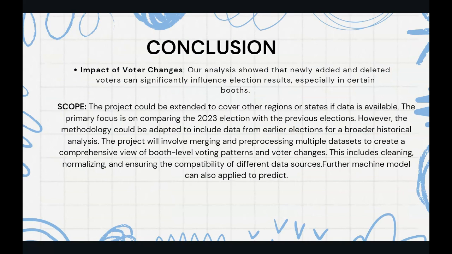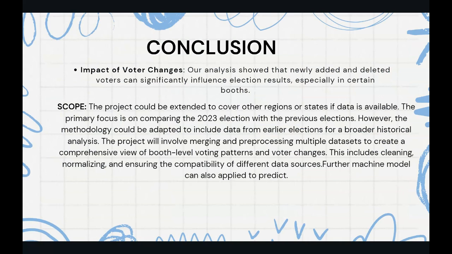Now the scope for this. This project could be extended to cover other regions and parts of the country, and also other countries if some other country's government takes it up. The primary focus for this project was to compare the 2023 election with the previous elections. However, the methodology could be adapted to include data from earlier elections for a broader historical analysis.